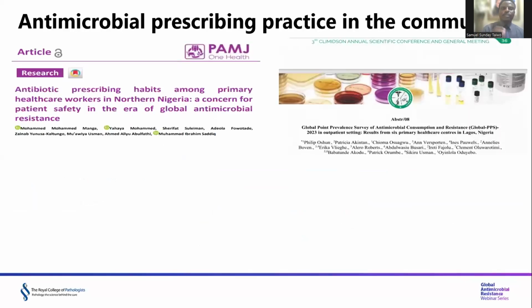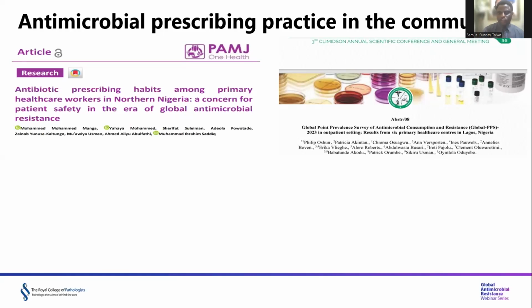Now, looking precisely at antimicrobial prescribing behavior of healthcare workers at the community level, there are 2 studies that I'm presenting here, one from the north, one from the south. One from the north was conducted in 2020 on antimicrobial prescribing at the primary healthcare level, by workers who are all basically community health extension workers in the 3 geopolitical regions in the north central, northeast, and northwest.